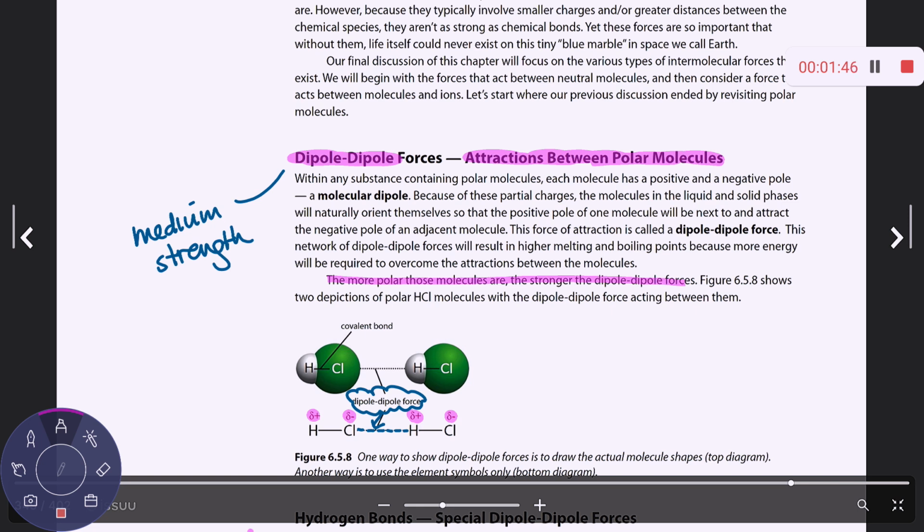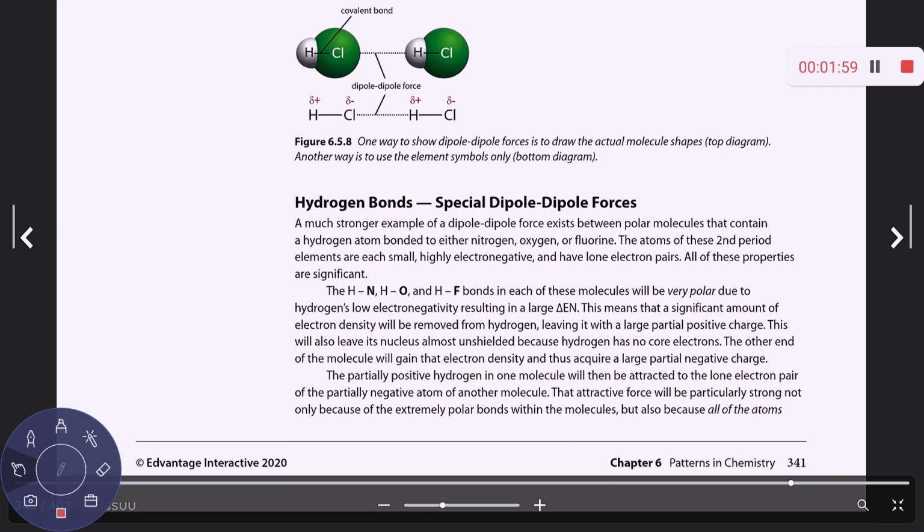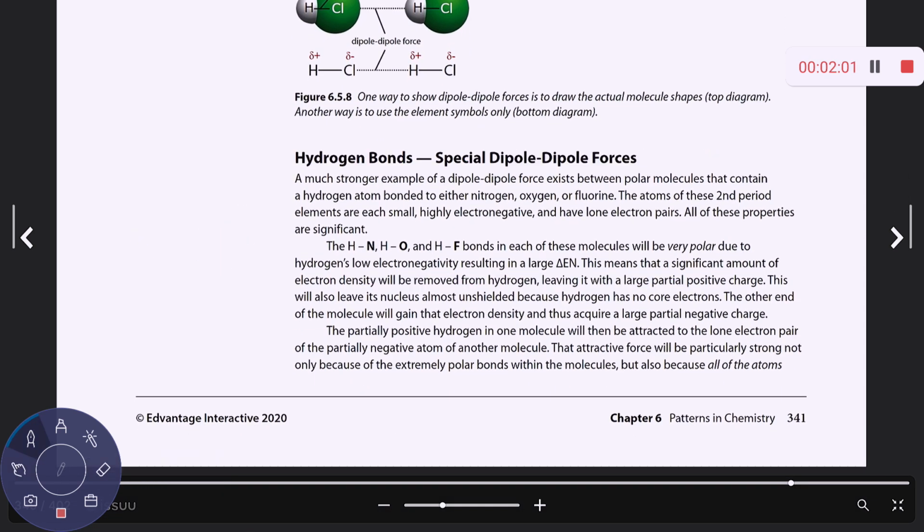And let's take a look at a special type of dipole-dipole force, which is known as hydrogen bonding, okay? So hydrogen bonding is only going to exist in a molecule that contains one of these three bonds, okay?